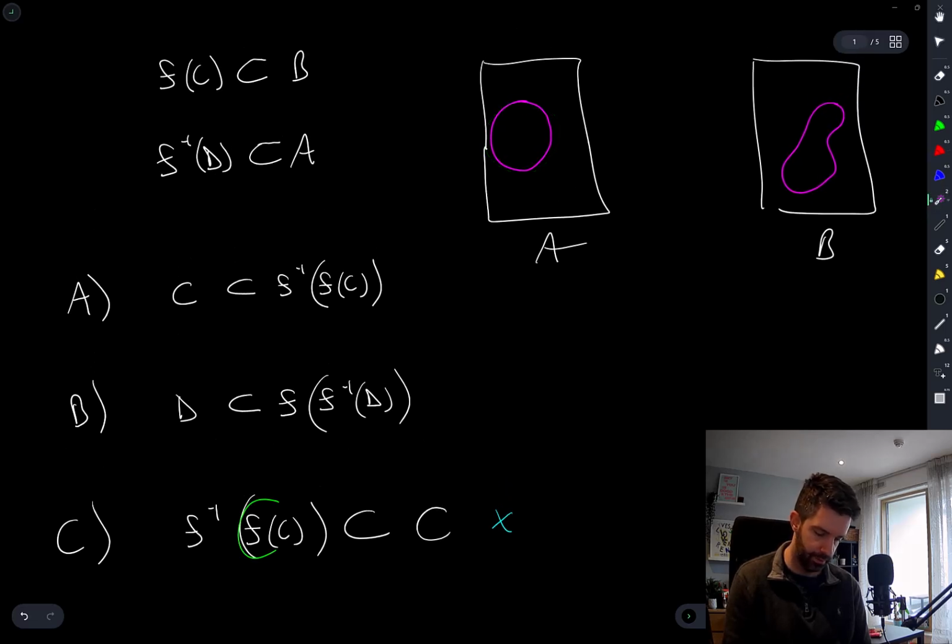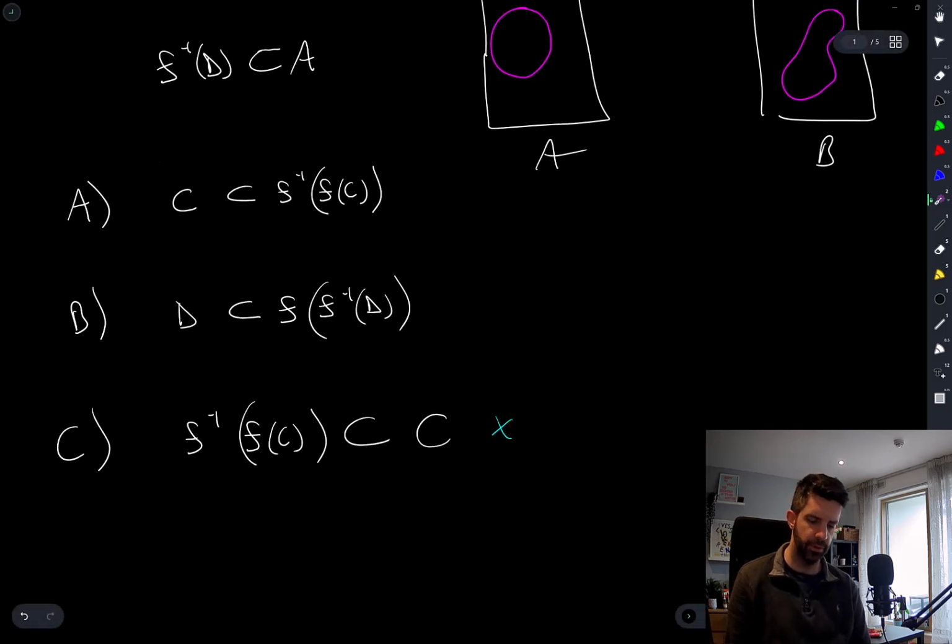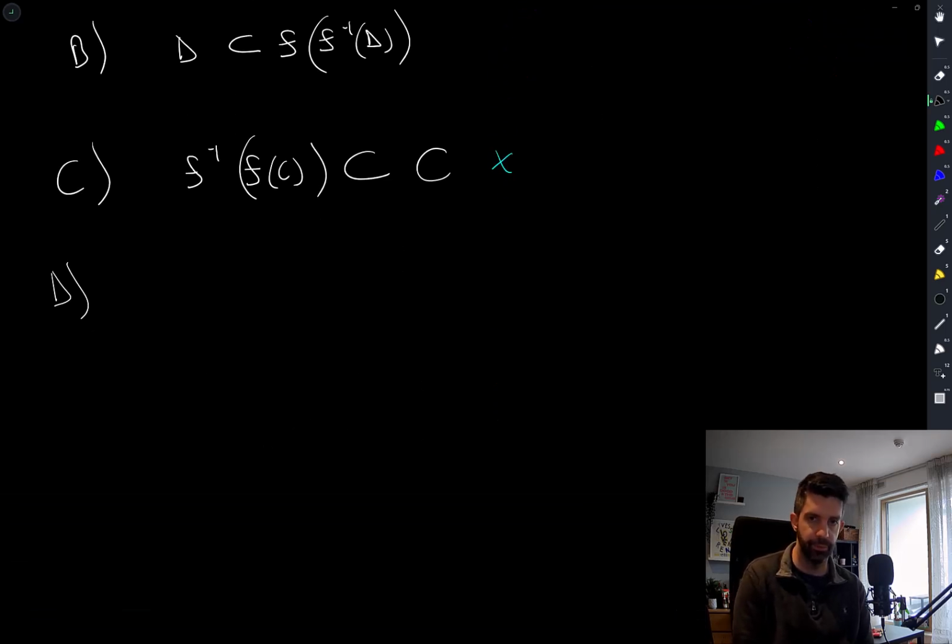Take C, map C here, pull it back, we might end up outside. I'm having a hard time debating which of these is false. I don't know what's going on in my brain right now.